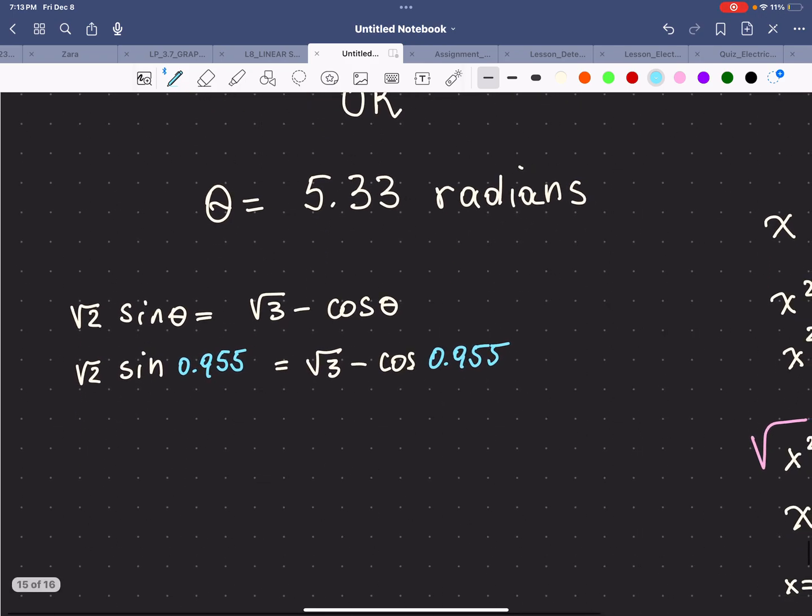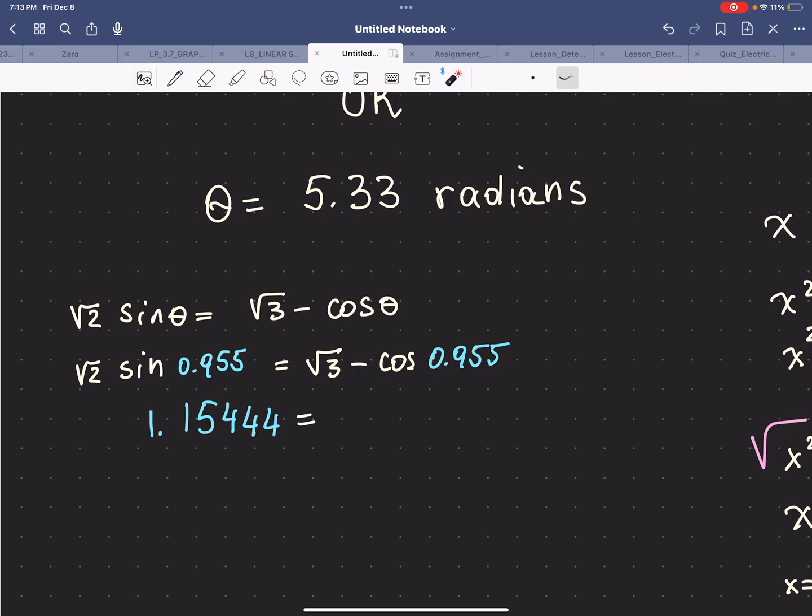then the left side of this equation will turn into, I'm just doing the calculations here on my calculator. So we have root 2 multiplied by sine of 0.955. Remember, your calculator has to be set to radian mode because we are using radians here. And you will see that the answer we get for the left side of the equation is 1.15, and then 3/4 in there, which I'm going to leave there because why not?